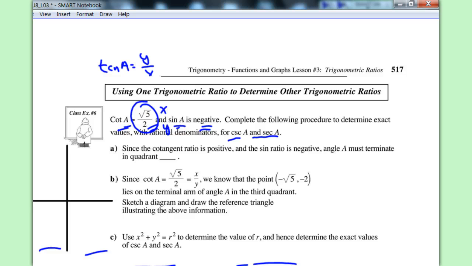So the only quadrant this could possibly be in is quadrant 3, because that's the only place where tangent's positive and sine is negative. So I'll put that there, and therefore my sides are going to be x, which is minus root 5, and the y side is minus 2.